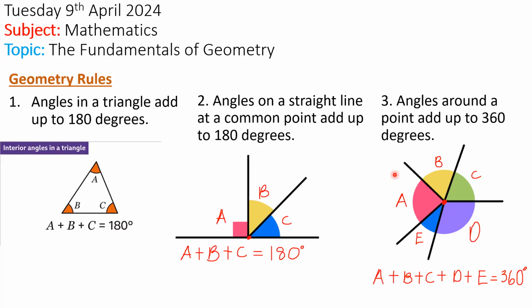Angles in a triangle add up to 180 degrees. Angles on a straight line at a common point add up to 180 degrees. And angles around a point add up to 360 degrees. Very good.